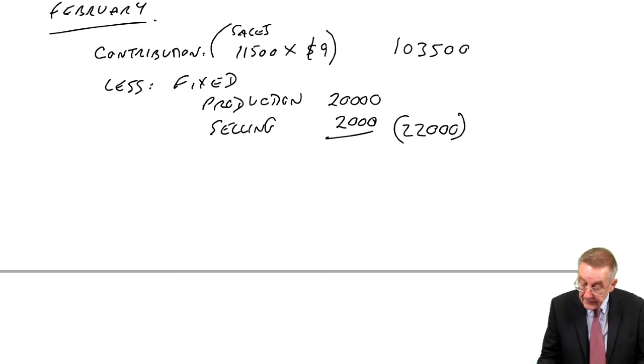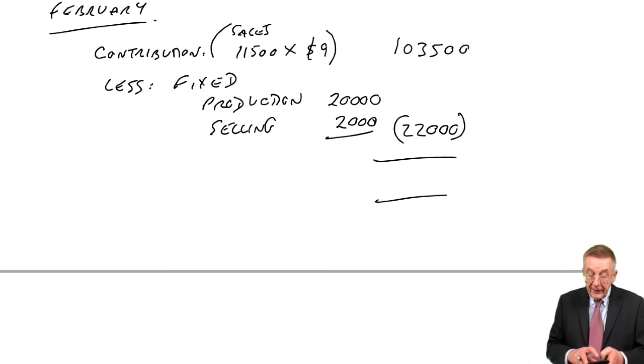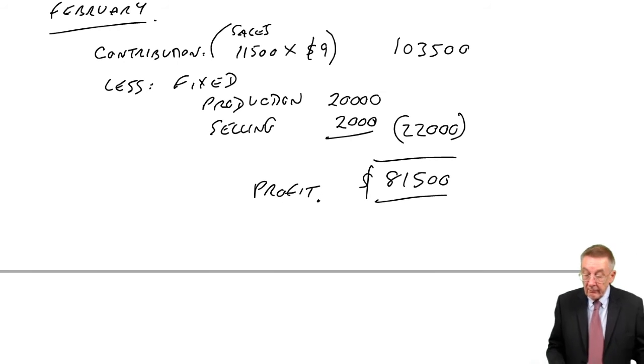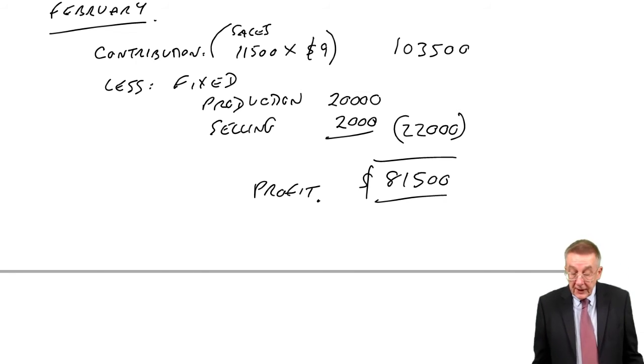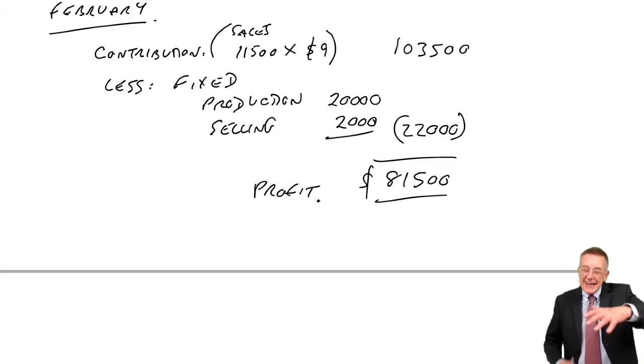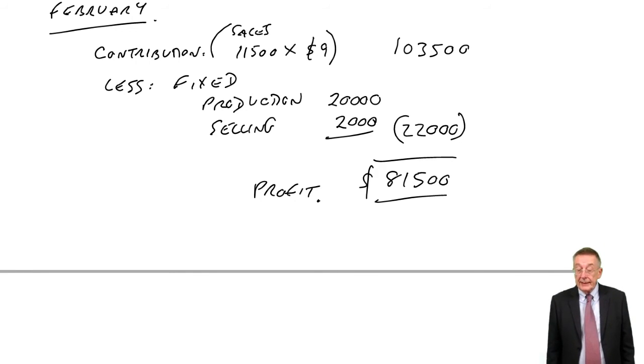And therefore, using marginal costing, we have a budgeted profit for February of 81,500. So nice and easy. And for a third, fourth time, none of this messing around, putting in the wrong figure for fixed overheads and then the under-over absorption. Fixed overheads going at the end with the right figure. In that sense, it's certainly much easier.